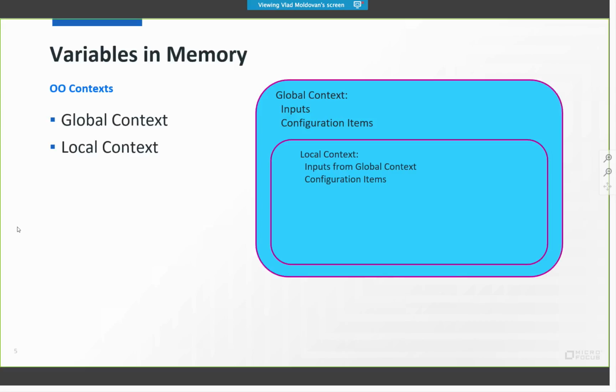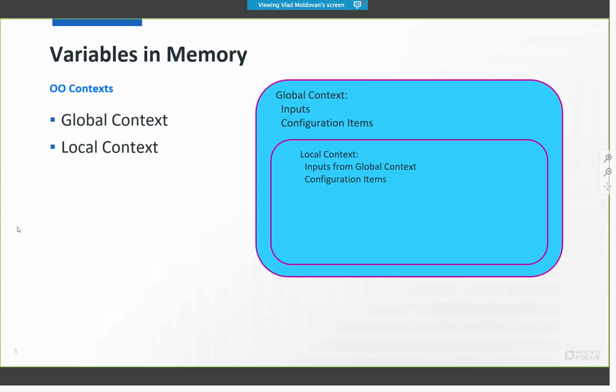The local context can also be called the flow context. This is going to be a child of the global context. It can communicate with the global context in certain conditions, but it will not have all of the variables from the global context.